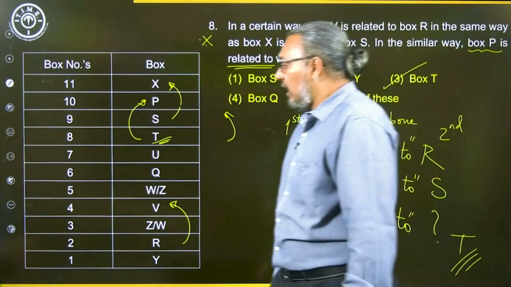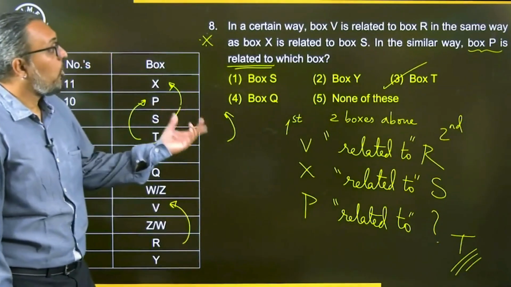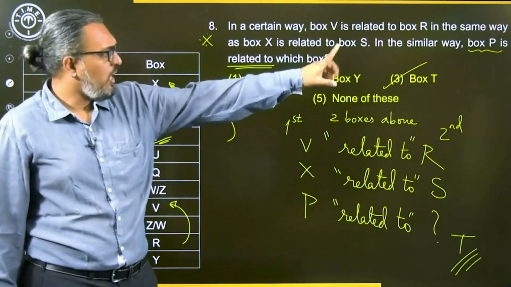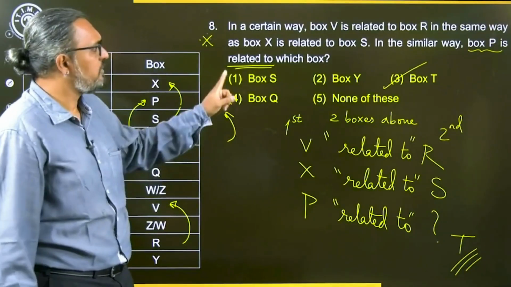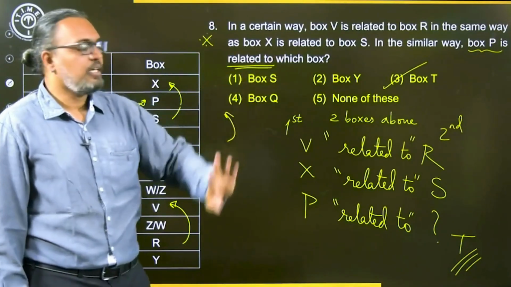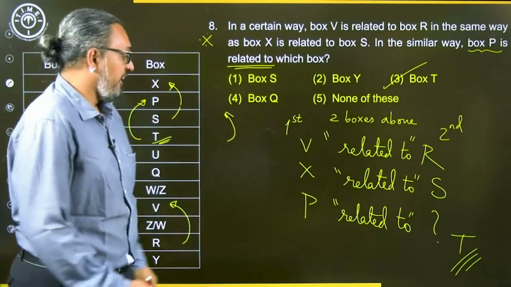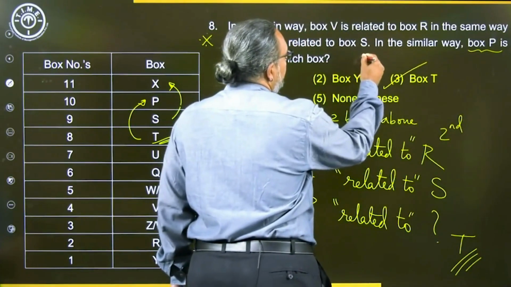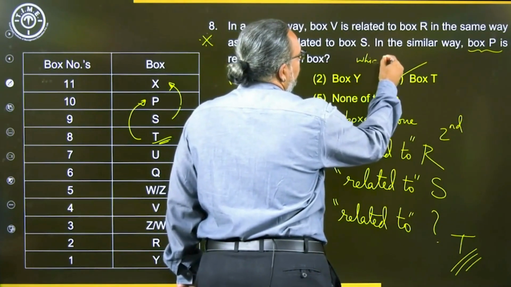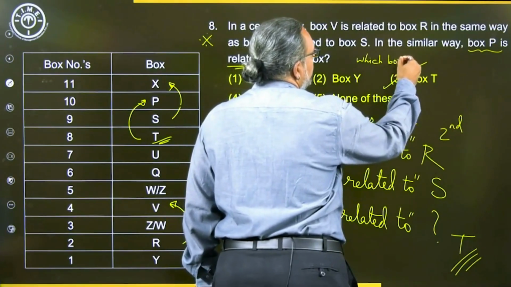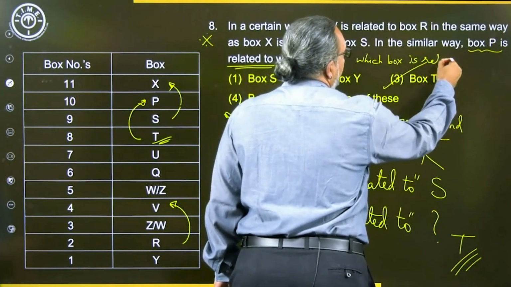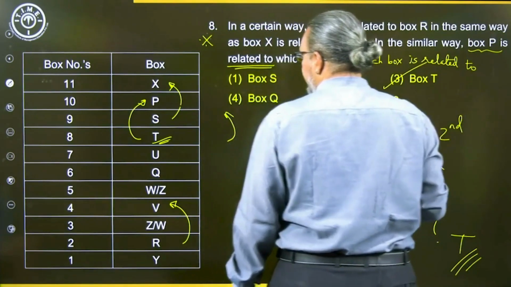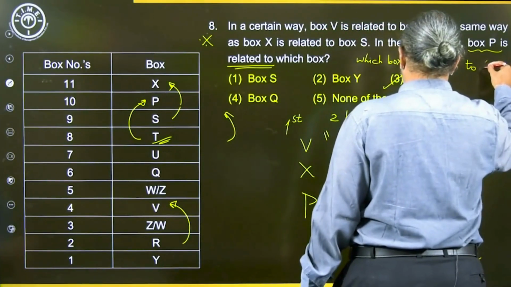Okay. Now suppose a question can also be given as: in a certain way V related to R, and in the same way X related to S. Now in a similar way, I'll write the question here: which box is related to Q?